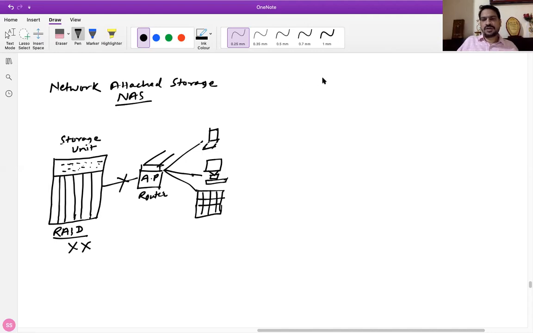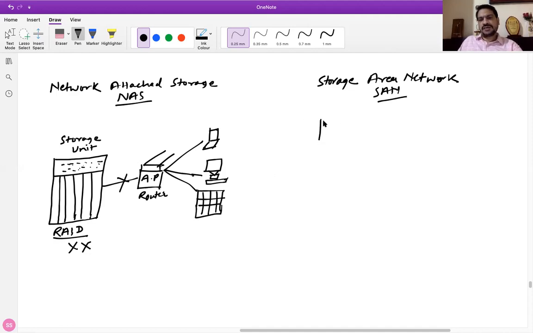Now let's talk about storage area network, that is called SAN, storage area network. So what will happen in the storage area network, and what is the architecture of a storage area network?